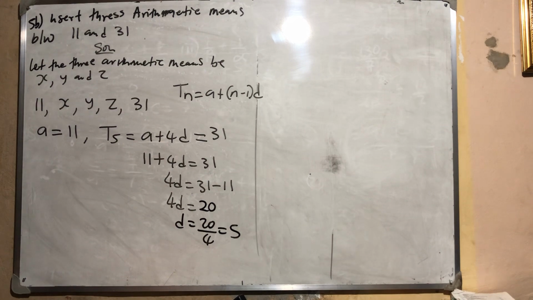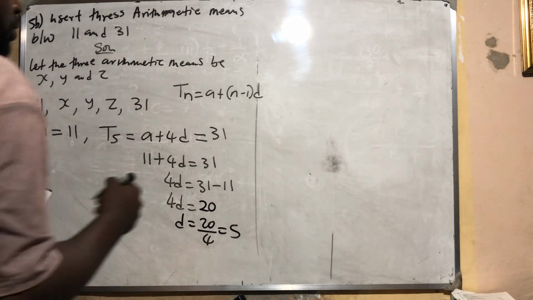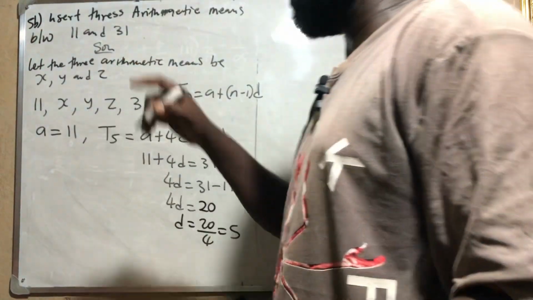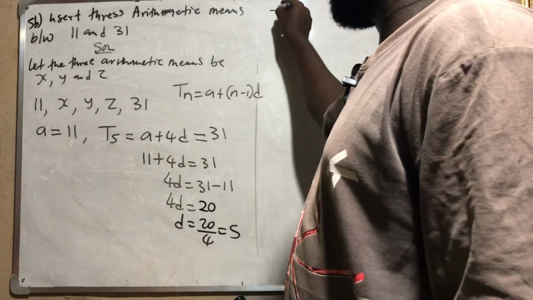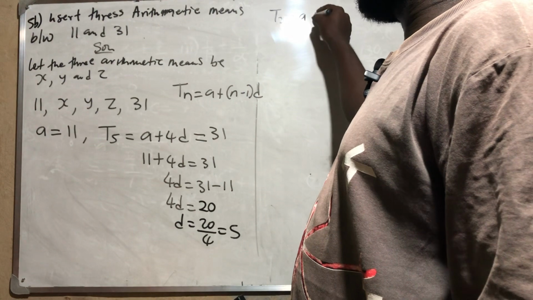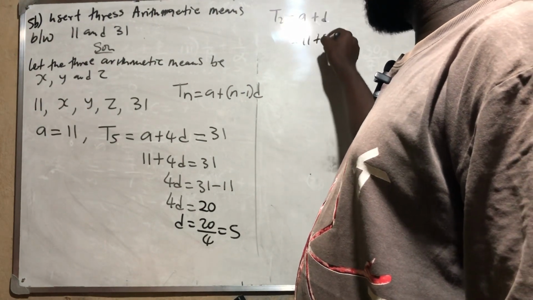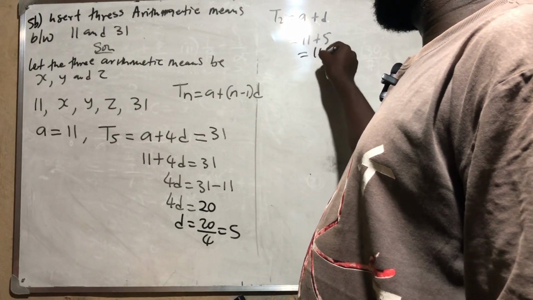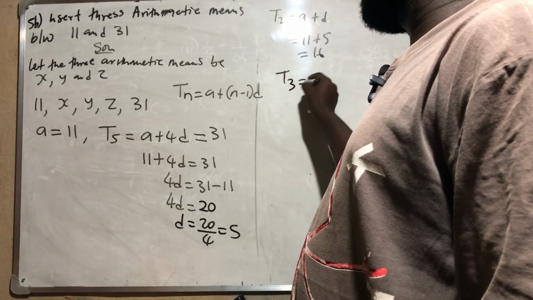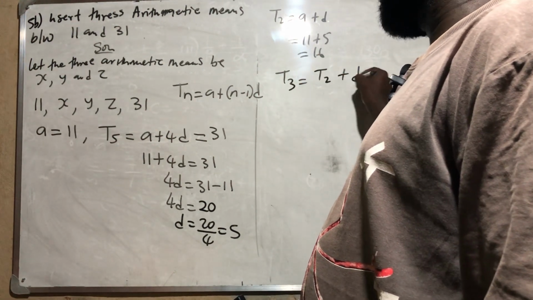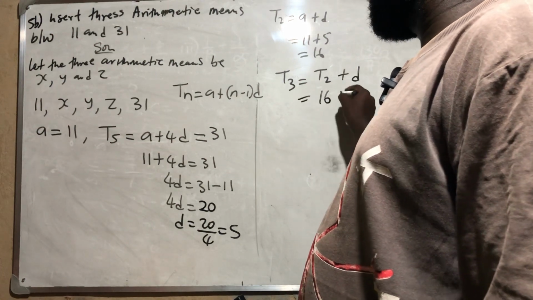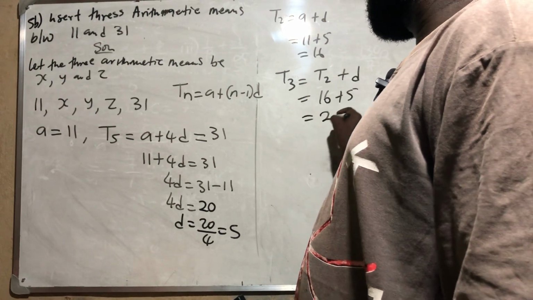Once you have gotten your d, you are done. So now you tell them that this is first term, second term, third term, and fourth term. To get each term, the second term simply means a plus d, the first term plus d. So which is 11 plus 5, which is 16. The third term simply means the second term plus d again. So that's 16 plus 5, which is 21.